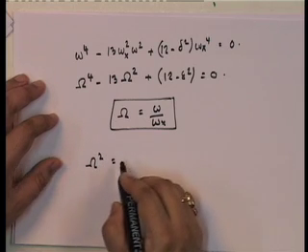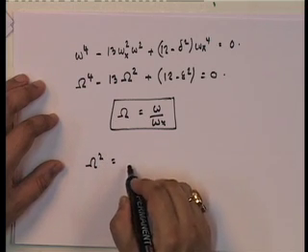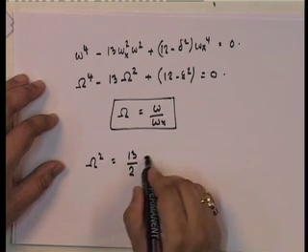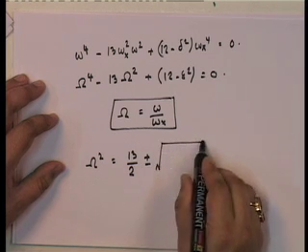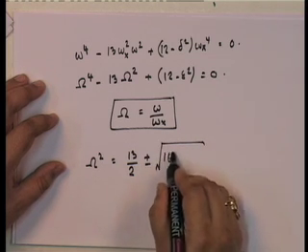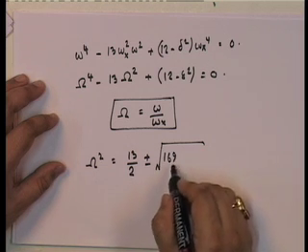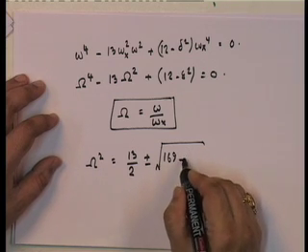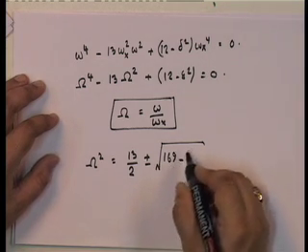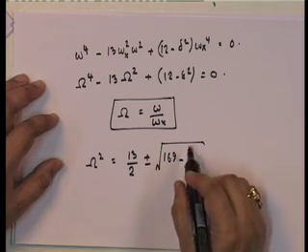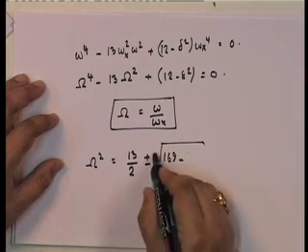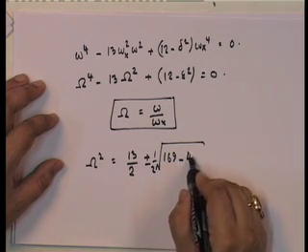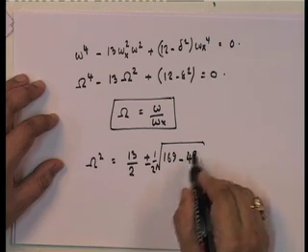So omega squared turns out to be equal to minus b upon 2, that is 13 upon 2, plus or minus half of the square root of 169 minus 4 times 12 minus delta squared, where a is 1.